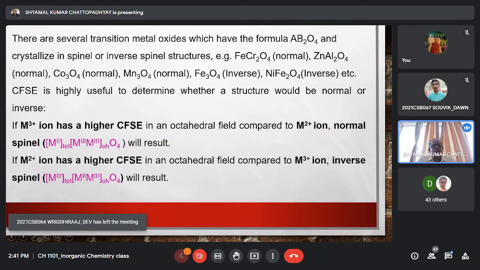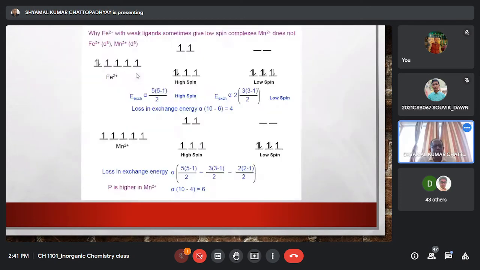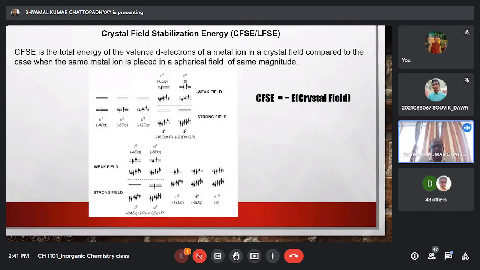Again, if I take Mn3O4, we have manganese 2 ion and manganese 3 ion. Now manganese 2 ion high spin is D5, so it has no CFSE. But manganese 3 ion is D4, so it has high CFSE, right? As you can see from the previous data, for high spin D5 we have 0 CFSE. For high spin D4 we have plus 6 dq.